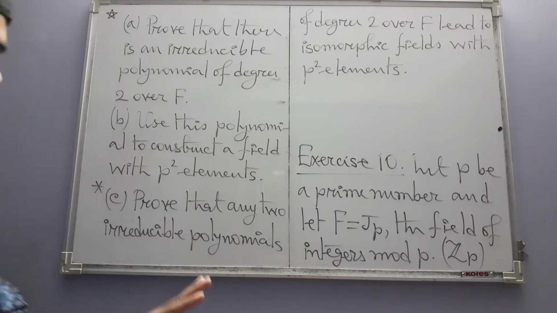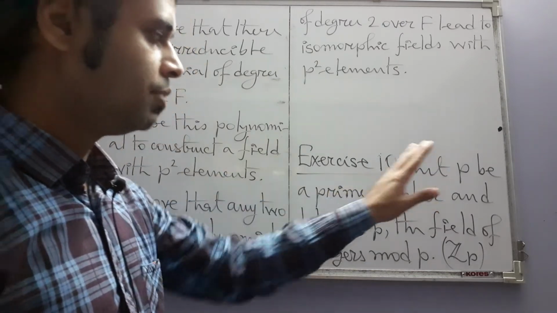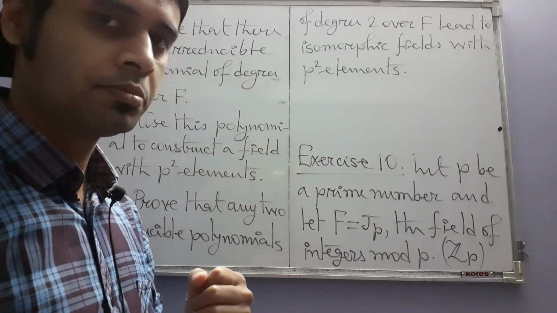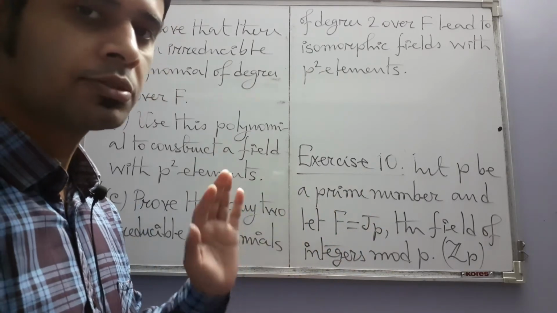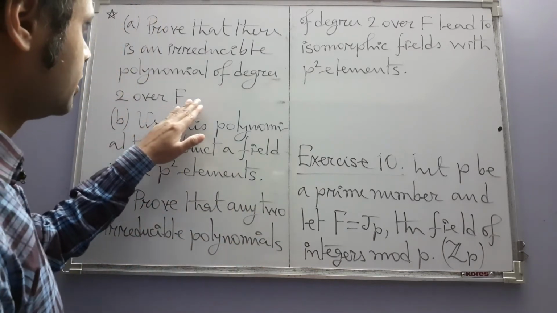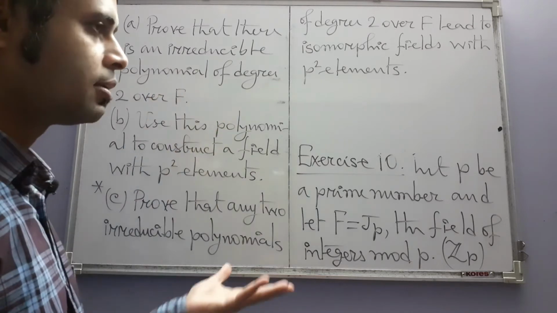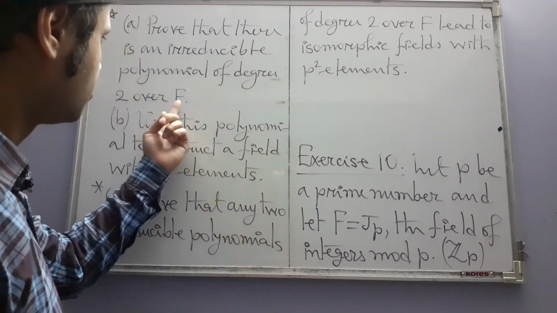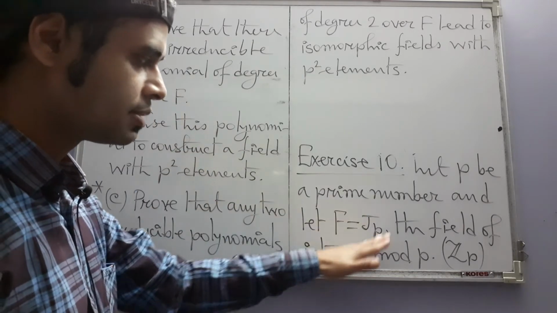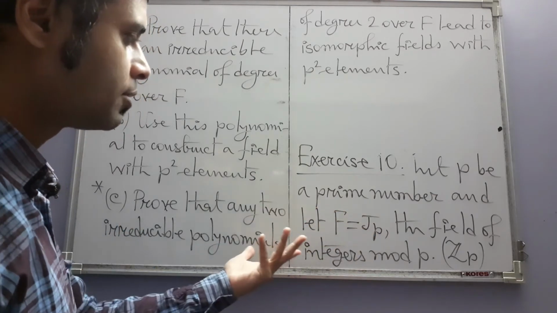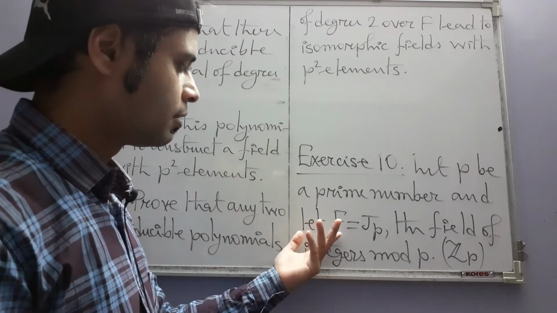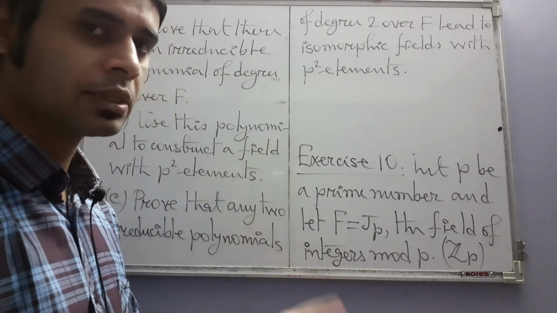So let us once again look at the question. P is the prime number and F is the field of integers modulo p. Okay, so that's what our base field F is. Now the first thing we have to prove is that there is always a quadratic irreducible polynomial over F, where again I am stressing that F is this field, because if we forget about that we may erroneously think that F is the field of rational numbers, then everything will go down the drain.